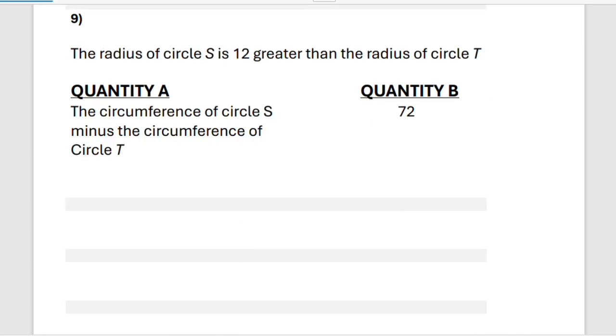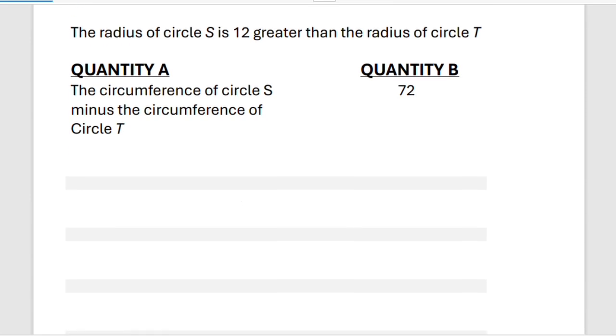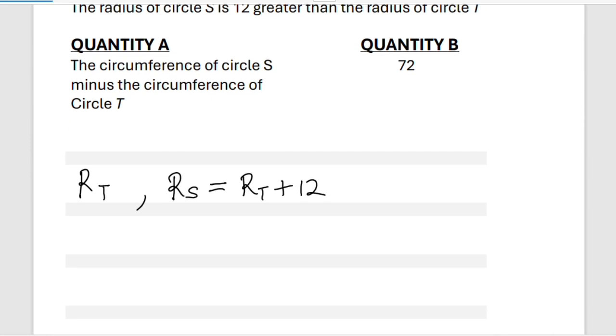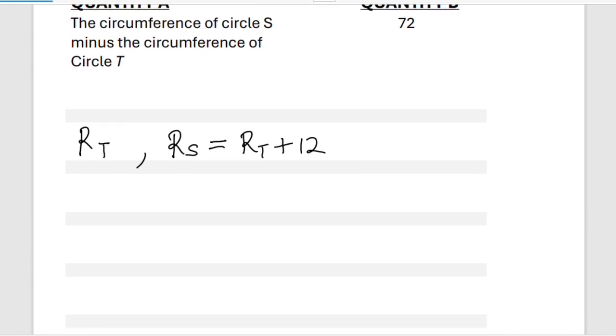So here we're given that the radius of the circle S is 12 greater than the radius of the circle T. So what that means is that if RT is the radius of the circle T, then RS is going to be RT plus 12. Okay, and quantity A is the circumference of circle S minus the circumference of circle T. What's circumference?